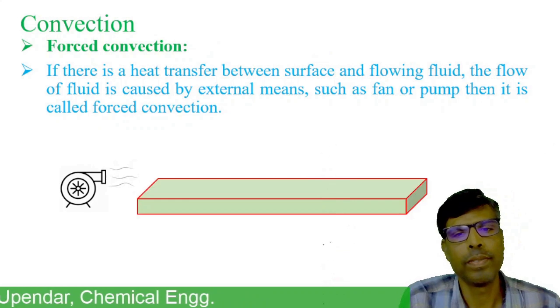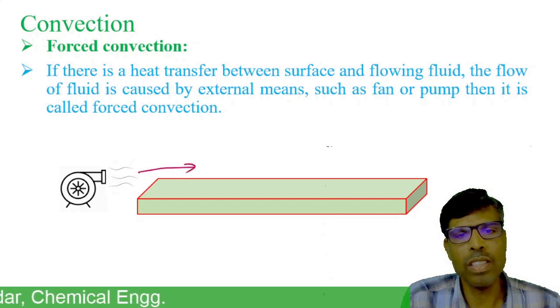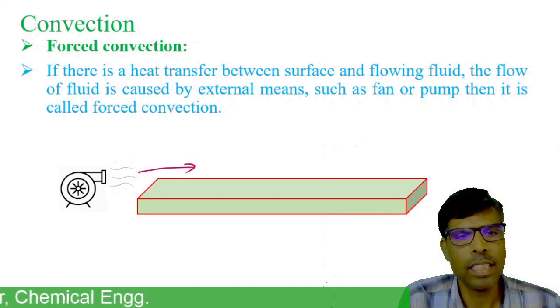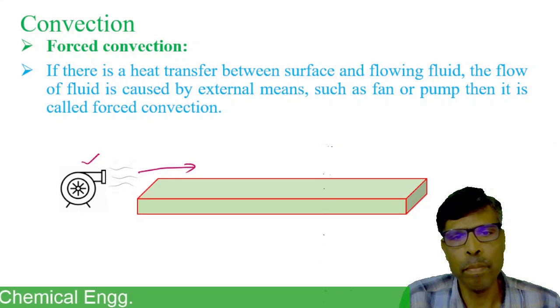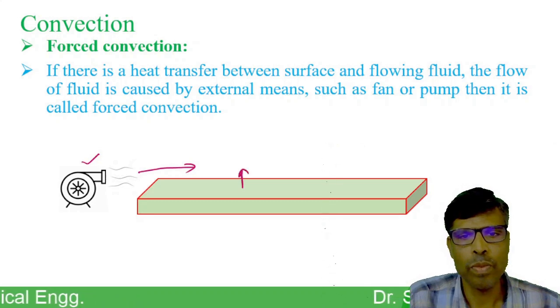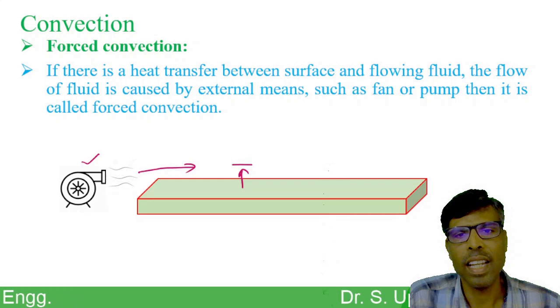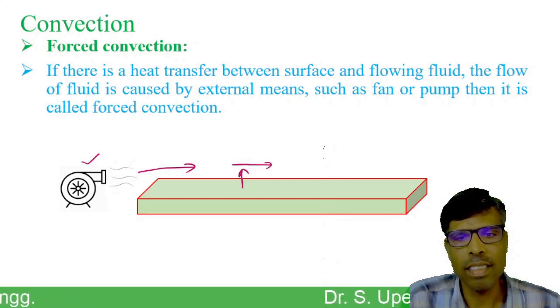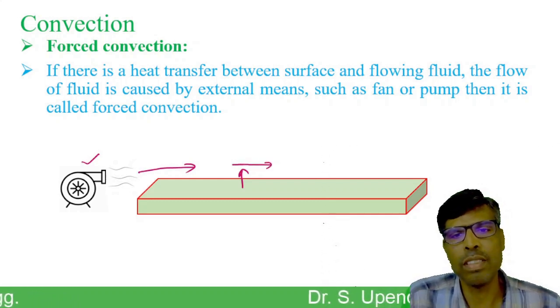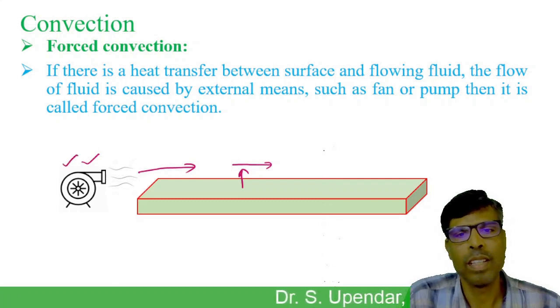For example, if air is flowing over a hot horizontal flat plate by using a blower, heat transfer occurs from the surface to the flowing air, and the movement of the air occurs due to the external force, that is the blower.